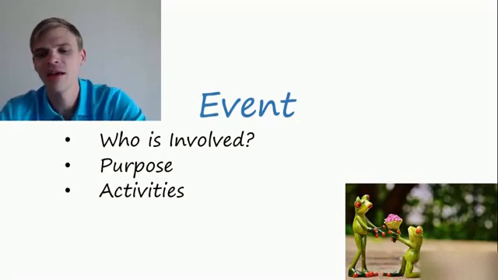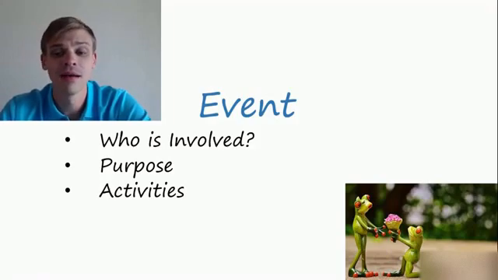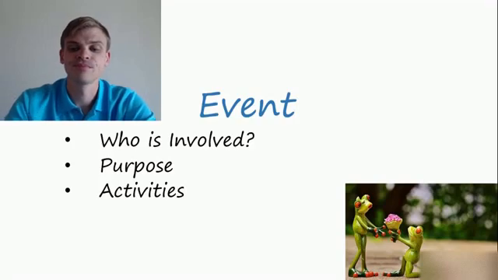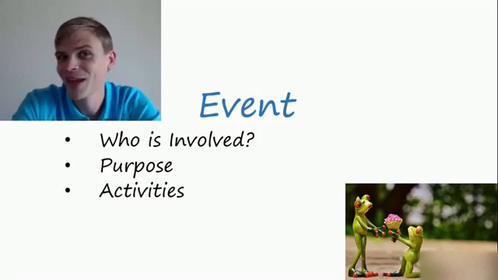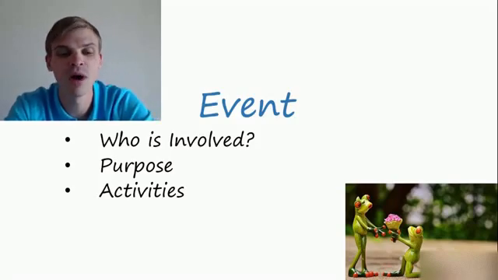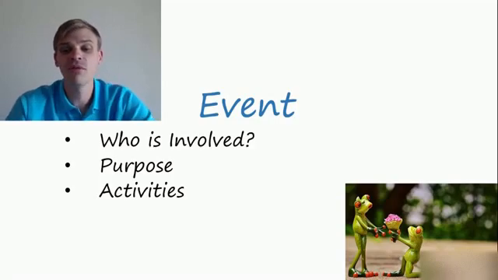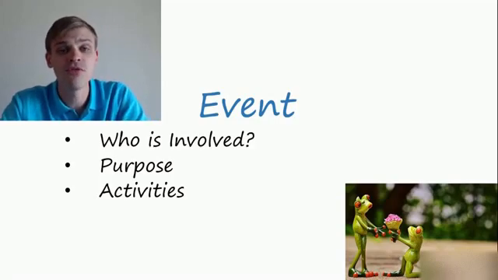So here I have a frog wedding. These are fake frogs who are getting married. Looks like, I assume, the male frog is proposing to the female frog. So he's on one frog knee. And so who is involved? We have two fake frogs, a male and a female frog.